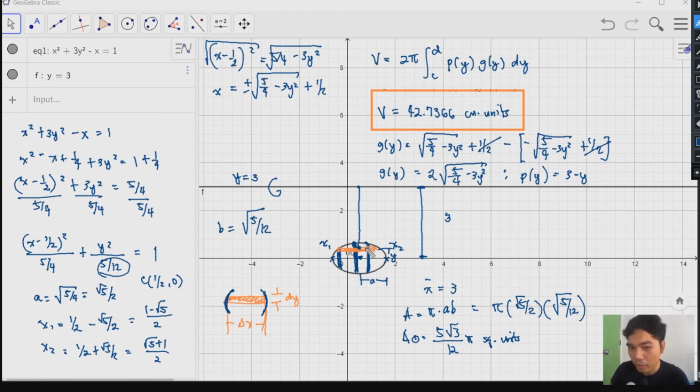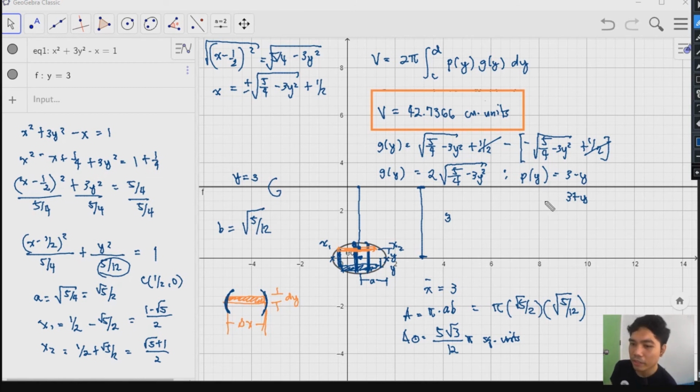Now how about if your horizontal strip is drawn somewhere below the x-axis? Then this is 3 units, and you could have here a plus y. So in this case, that's 3 plus y.